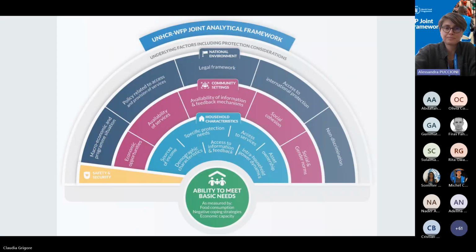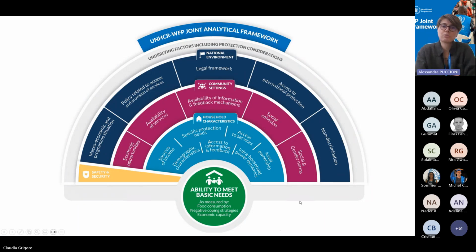Next, please. Now, as you can see from this graphic, this represents the Joint Analytical Framework. It has 3 different layers of analysis: the national, community, and household one, as they are core determinants of the capacity of displaced population to fulfill their basic needs. Now, in this slide, you can see there are different variables.